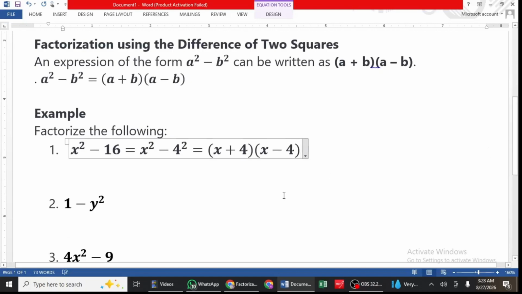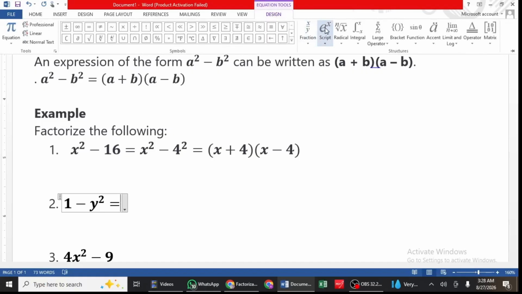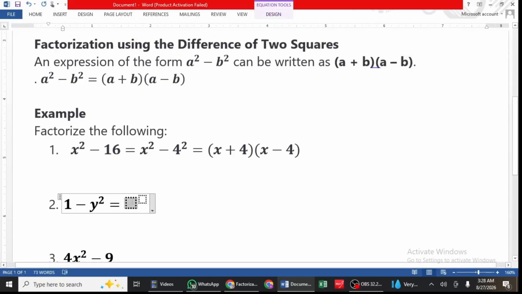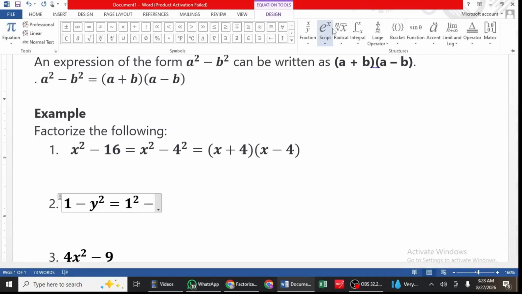Another example, factorize 1 minus y squared. The first thing to do is to recognize the expression as a difference of two squares. 1 is the same thing as 1 squared, that is 1 raised to power 2, because 1 raised to power anything will give you 1, and that will be 1 squared minus y squared.